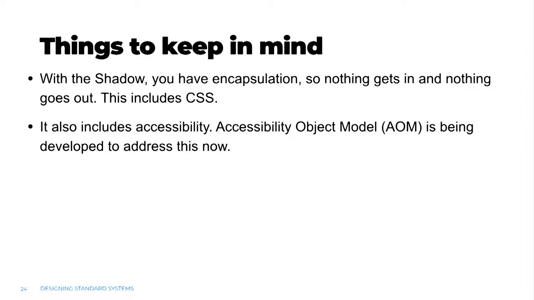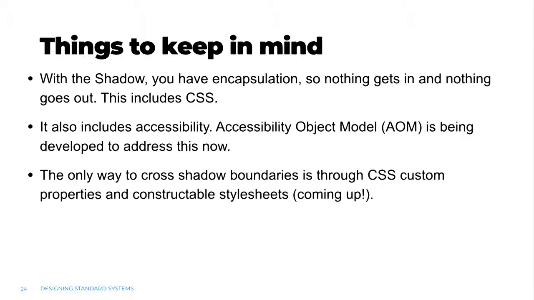We will not actually turn on shadow root until this accessibility piece is worked out and we can make all our components accessible. We will still use all the other things we're using, we just won't turn on shadow root. The only way to cross the shadow boundary is through CSS Custom Properties and constructible style sheets, which are coming up.